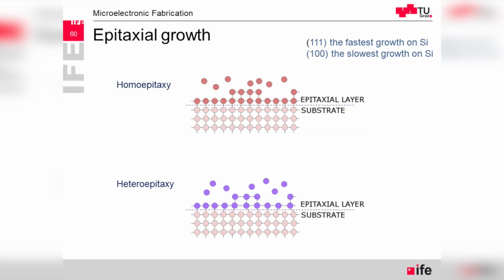Another type of epitaxy called heteroepitaxy is where we have different ions of a different element. So what's most commonly used in CMOS integrated circuit fabrication is that we use germanium. So in order to have a good heterojunction transistors, the germanium layer makes a much better junction.